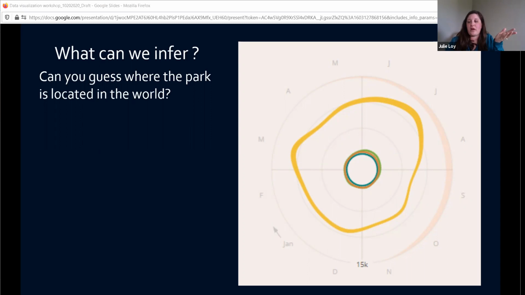And one of the things I noticed is that the lodging seems to be pretty consistent. We do have it year round. So I'm thinking that it's probably an area that doesn't have really big temperature swings, so people can have those accommodations year round. And I will tell you that this is actually a national park in Hawaii.